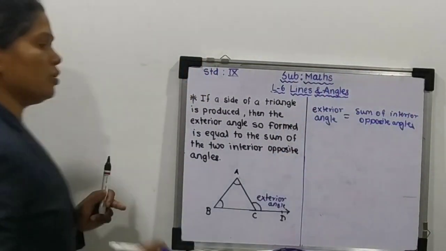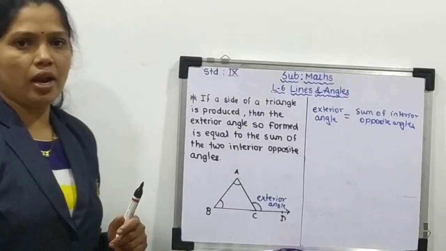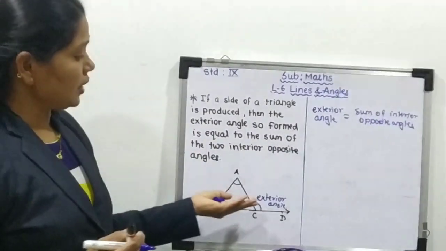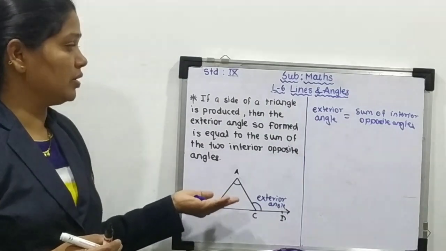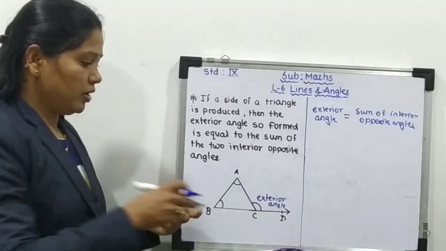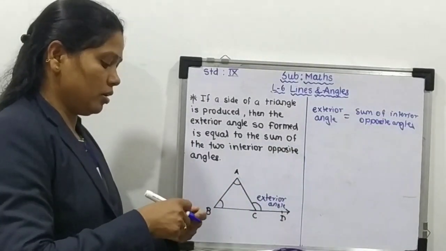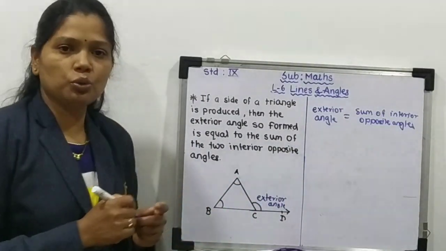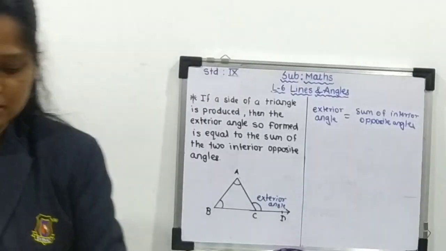You studied this property in 7th standard. That is the only theorem we are not going to prove. So by using these two theorems, or properties, we are going to see exercise 6.